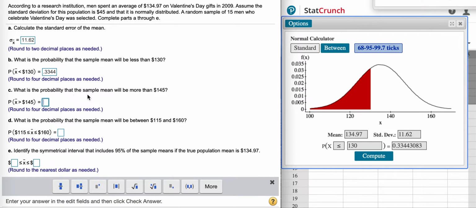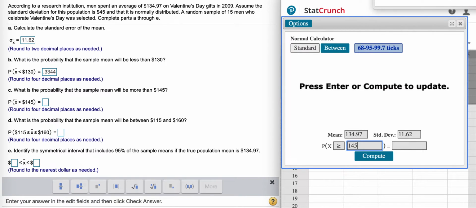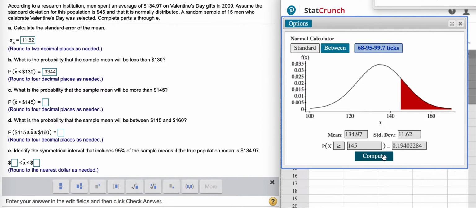What is the probability that the sample mean, X bar, will be more than 145? I'll just change this to greater than 145. Compute. To 4 decimal places, that's 0.1940. So 0.194.